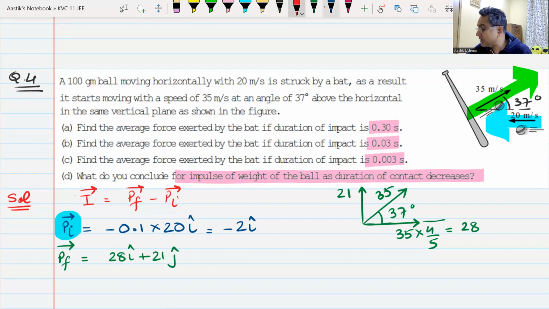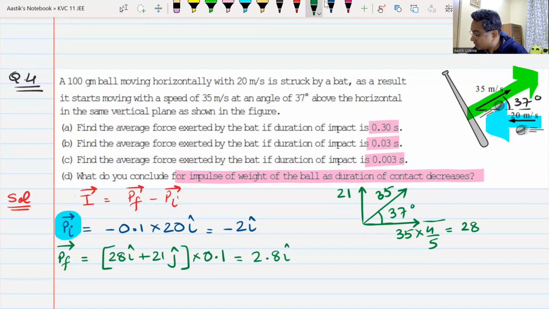How much will be the impulse? The velocity has to be multiplied by 0.1, which is the mass. So my final momentum is 2.8i plus 2.1j.